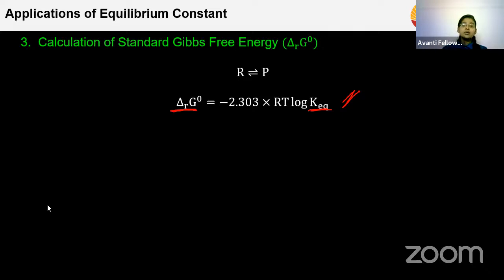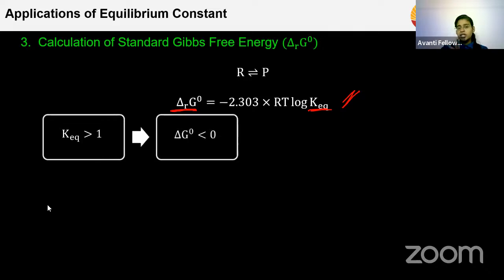So how to calculate? If KEQ is greater than 1, then delta G will be less than 0, right? If it is greater than 1, we have a minus symbol here, so the negative of any positive will be negative.